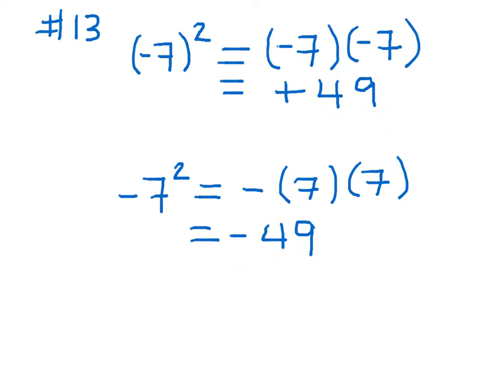So your extra credit, the question I'm going to ask you with respect to this video is, how do you decide if I have negative 3, the quantity squared, inside parentheses? How do I decide if that's positive or negative?